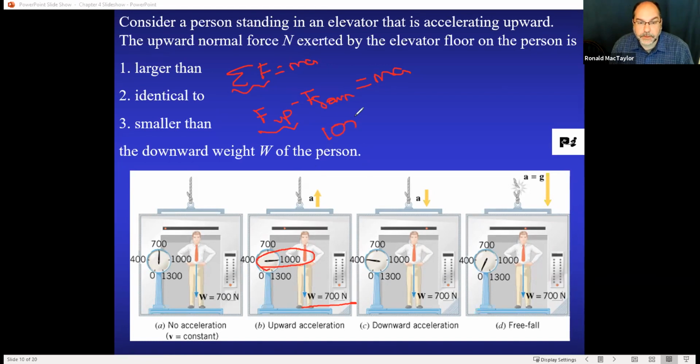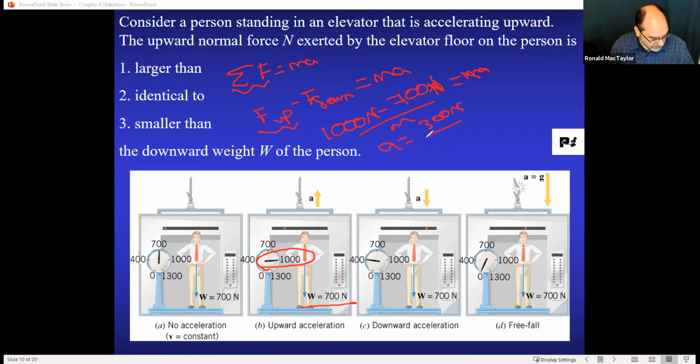So 1,000 newtons minus 700 newtons. 1,000 newtons is pushing the person up. You're reading that from the force plate. 700 newtons is the true weight, the actual weight of this person, equals mass times acceleration. So acceleration equals all that divided by mass, right? Equals 300 newtons divided by the mass.